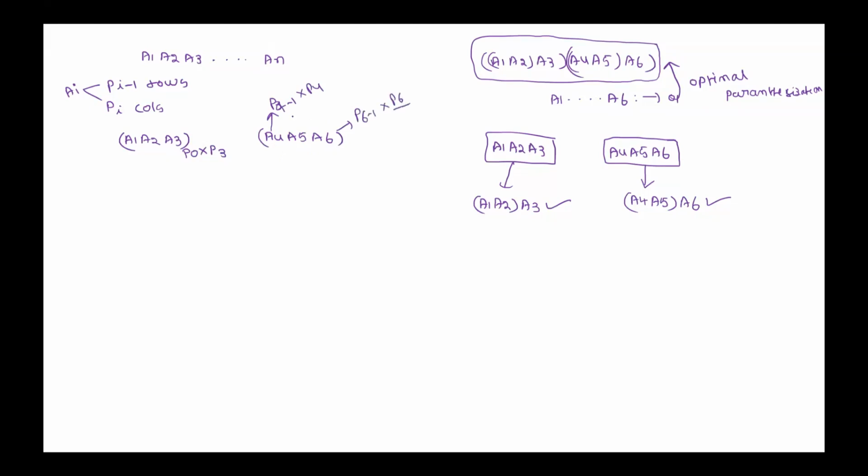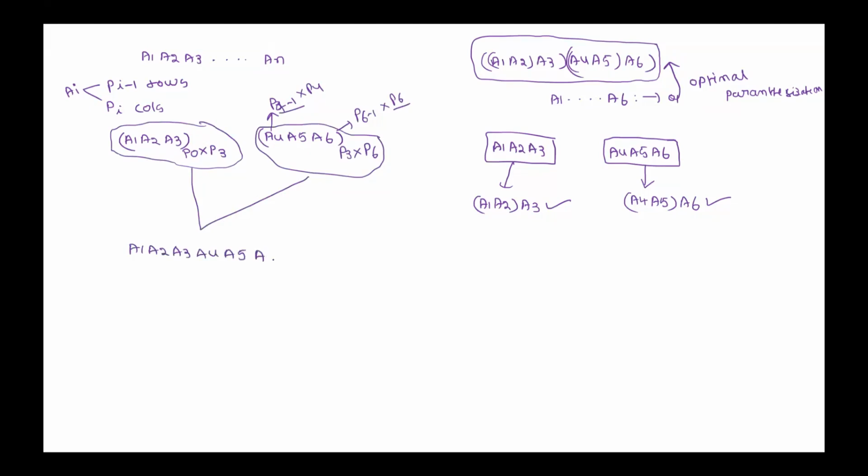So the order will finally be P3, P6. After knowing this result and this result, how many multiplications are required to calculate A1 to A6? The scalar multiplications are P0 into P3 into P6.